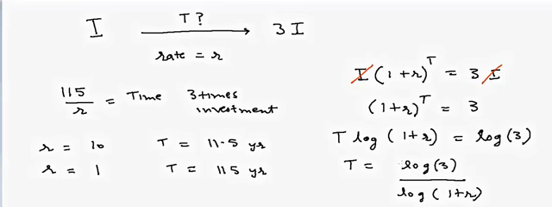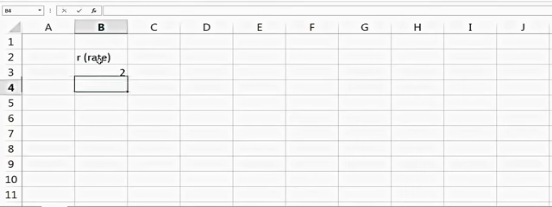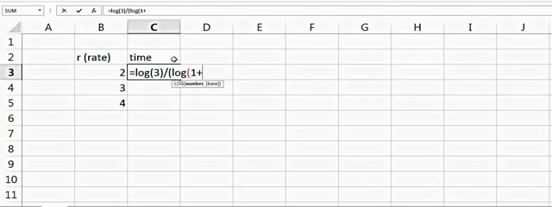Let's try to solve this equation in Excel. If I go to Excel, suppose r is my rate, and the rate varies from 2, 3, 4, and our time will be equal to log of 3 divided by log of 1 plus rate. So this should be our time.